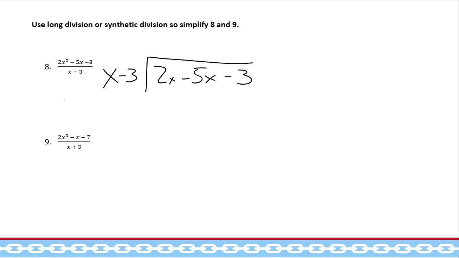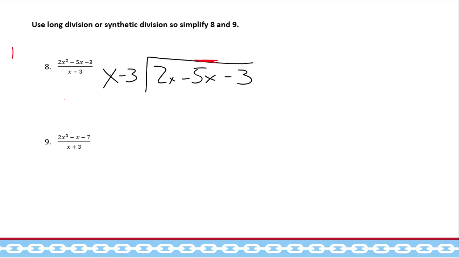So because I am dividing by a binomial, a two-term polynomial, I am going to start this problem right here. Just like if we're dividing by a two-digit number in long division, we start over 2 places from the left.